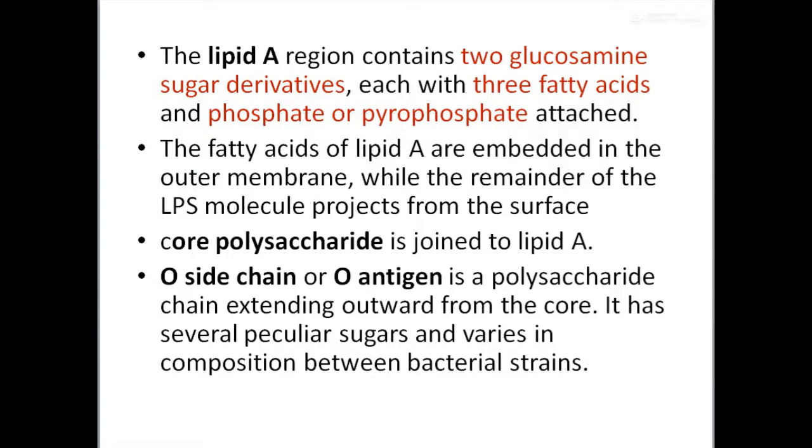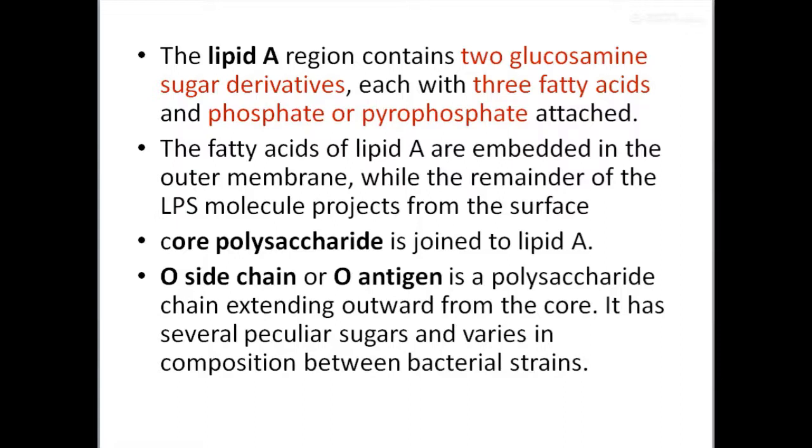In that you will have glucosamine sugar derivatives and three fatty acids, and you will also have a phosphate or a pyrophosphate attached to it. The fatty acids of the lipid A are embedded in the outer membrane, while the remainder of the lipopolysaccharide is projecting outside from the surface.